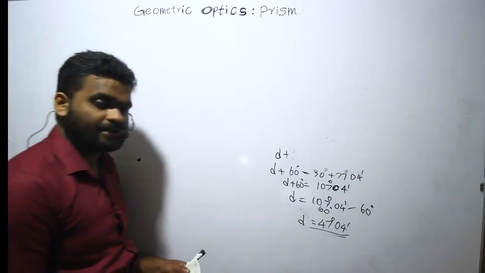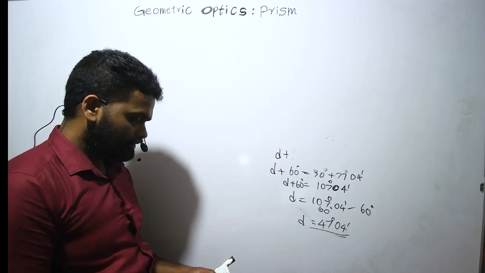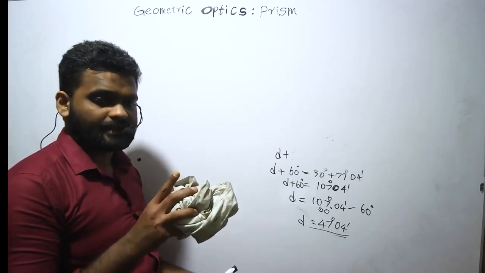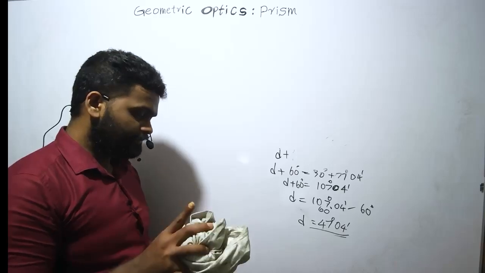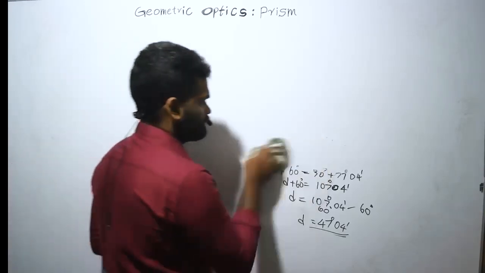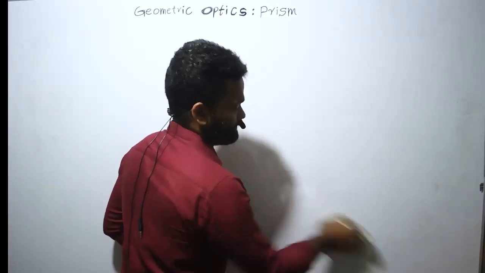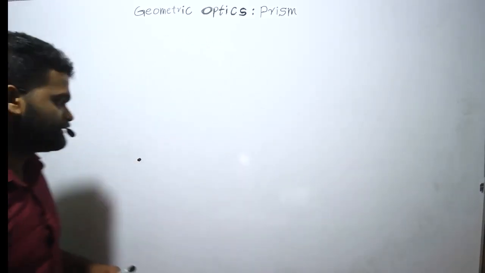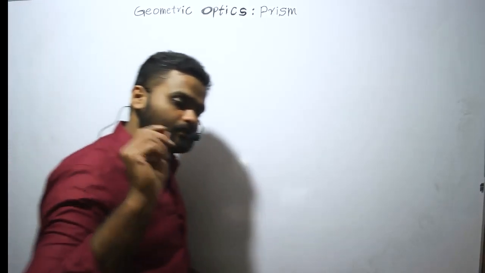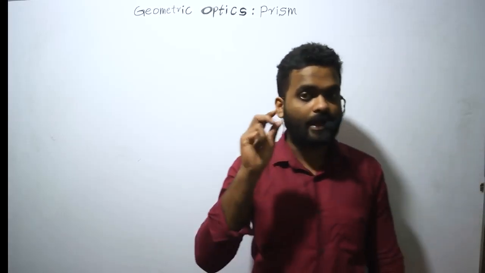Then write, if I2 is the incident angle, I1 is the emergent angle. So this is really important to understand, the reversibility law of light.